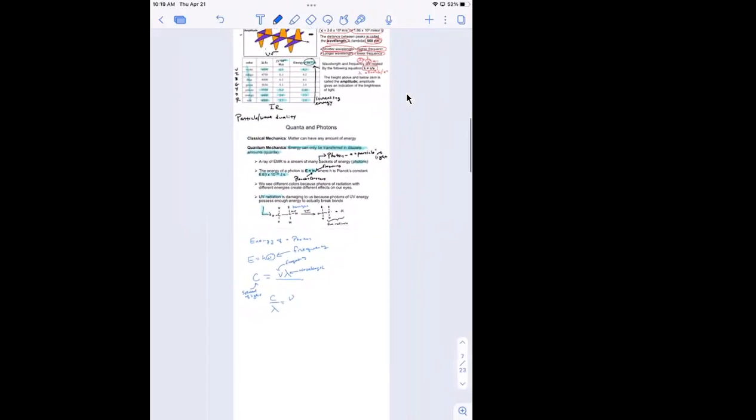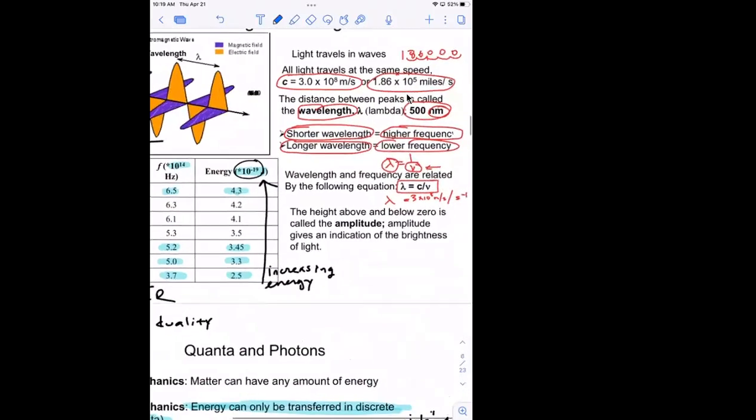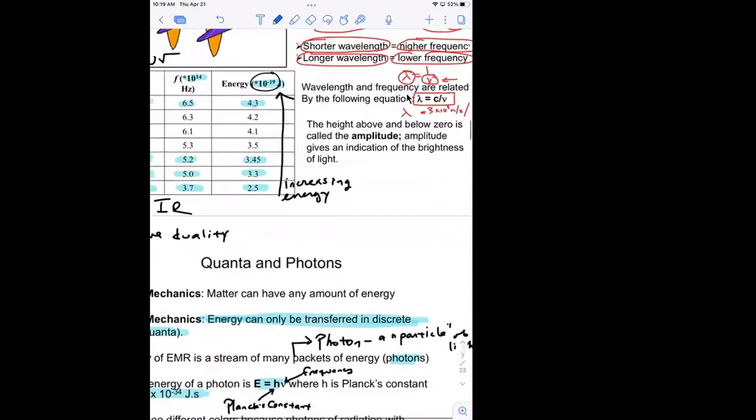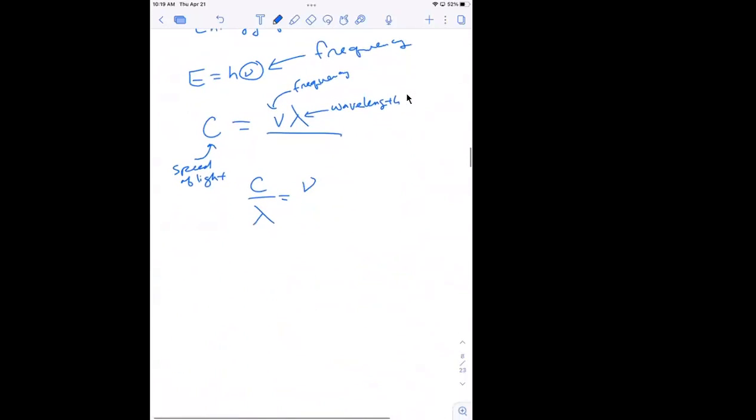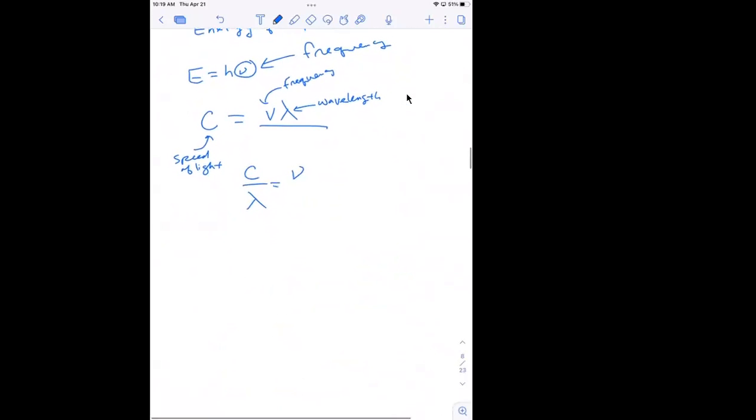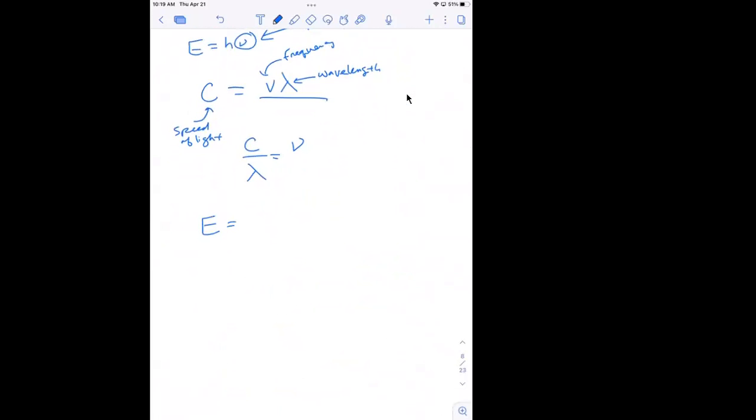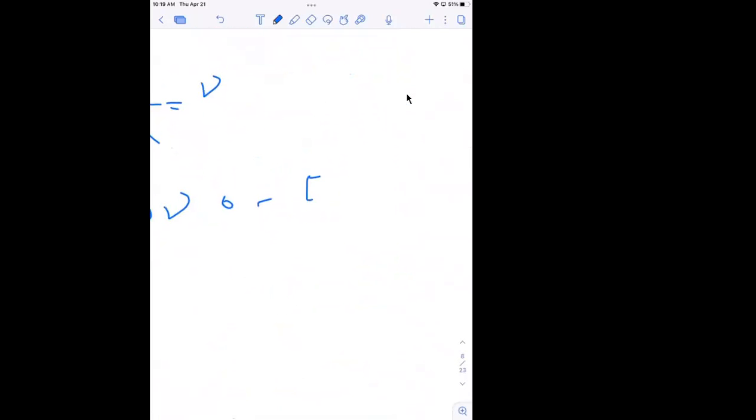The speed of light is measured in meters per second, so it's a very simple calculation to get the wavelength into meters: if a wavelength is measured in nanometers, we can convert it into meters by turning the nano part into the exponent. I'll show you that in a second. So the energy of a photon can be h nu, or it can be h times c over lambda.